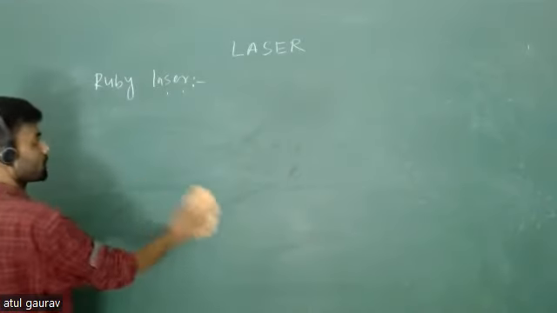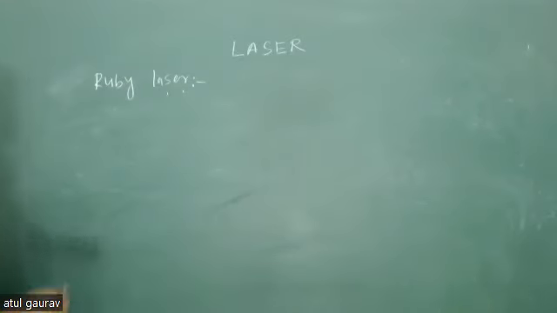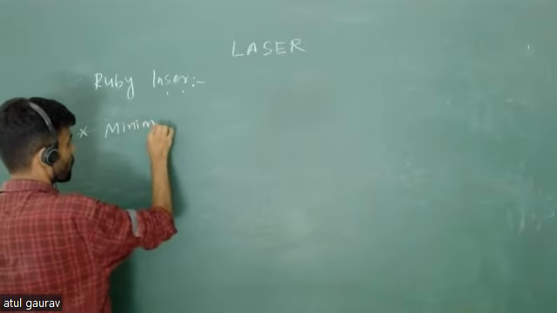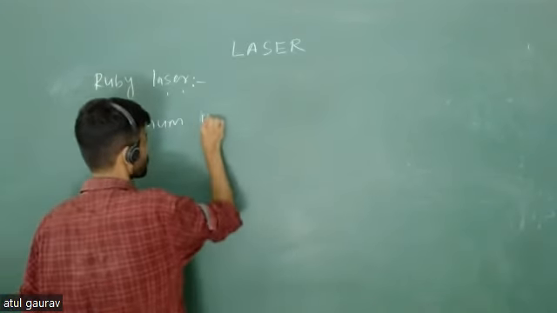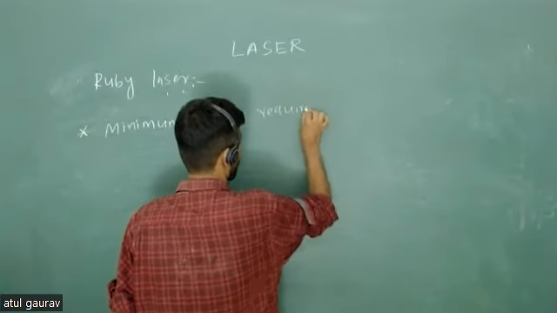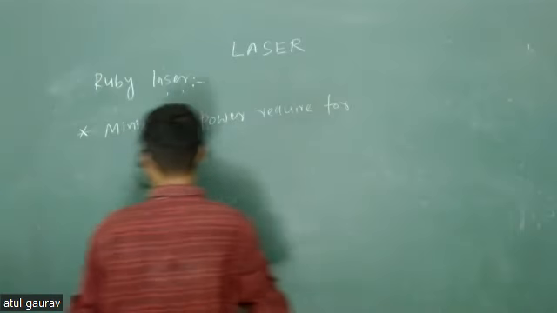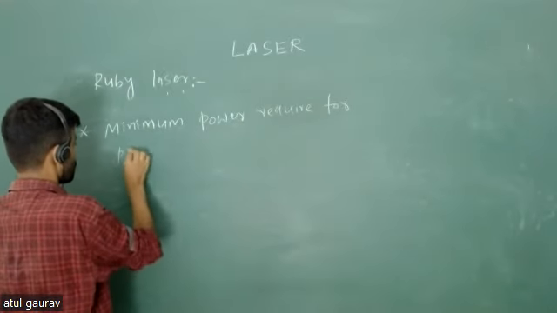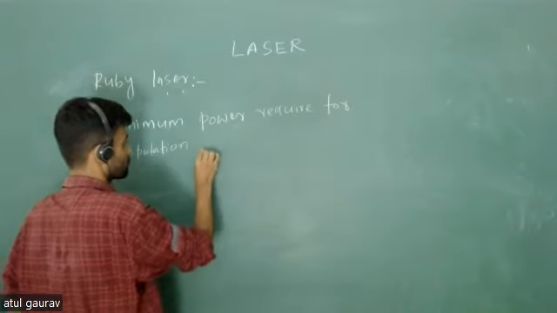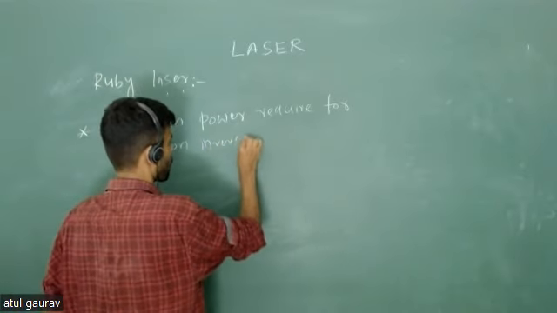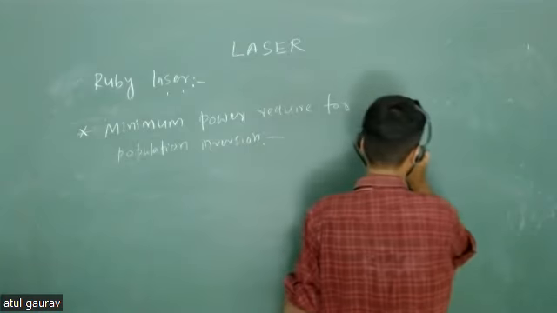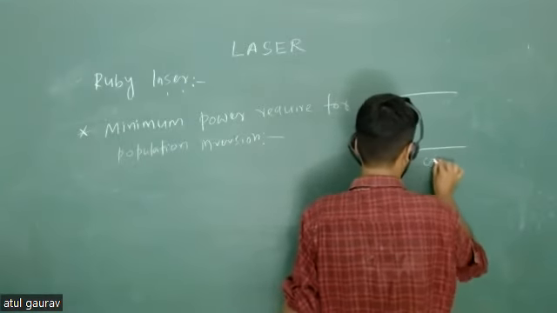Okay. Now same thing I'll derive. Again I'll draw that same diagram, but this is the part of same ruby laser. Minimum power required for population inversion. Okay. So suppose you have same level chromium 3 plus.